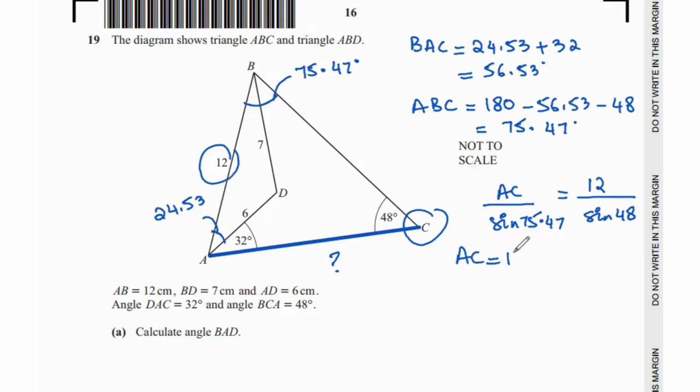So AC is 12 times sine 75.47 over sine 48, and that gives us 15.63 centimeters. That is your length AC.